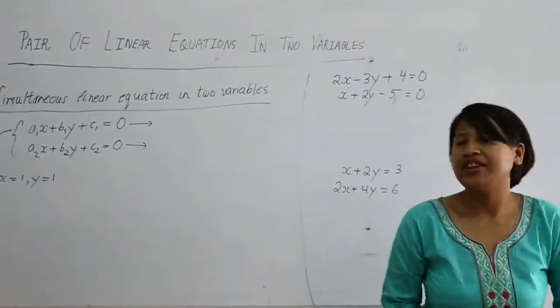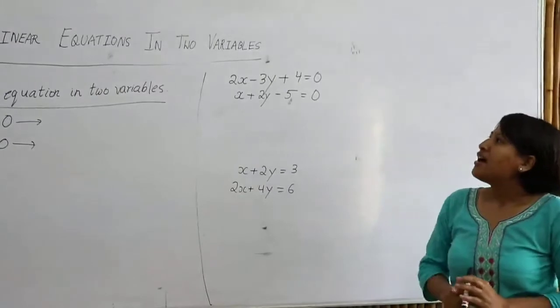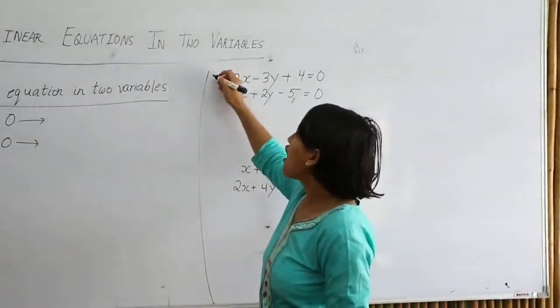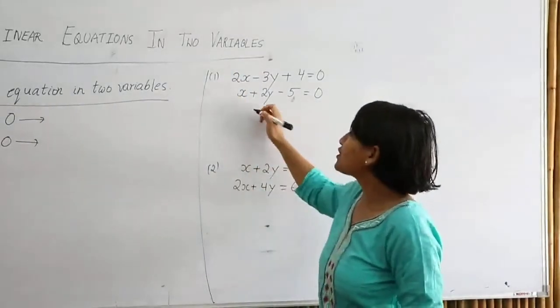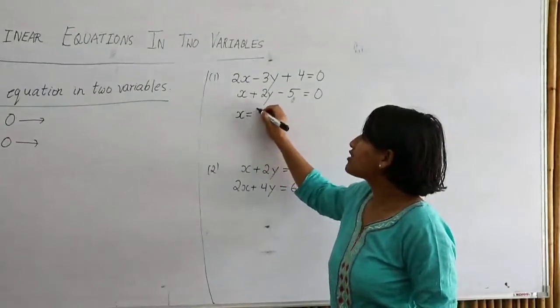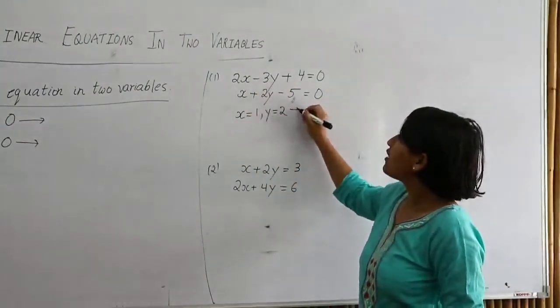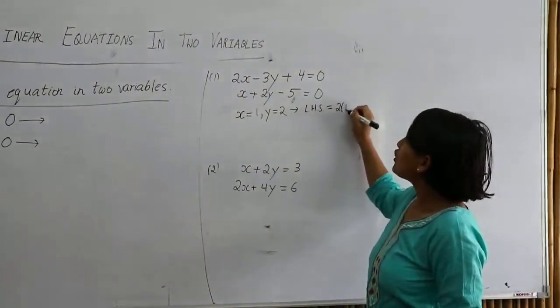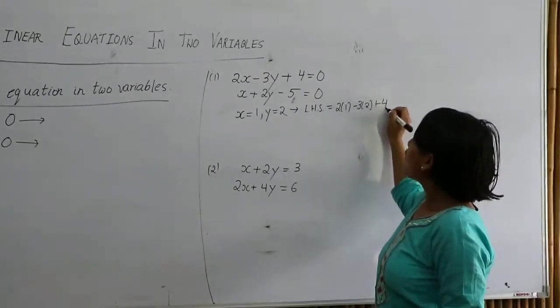So I've taken two linear equations, this one. Now by hit and trial method, after putting the values x equal to 1 and y equal to 2, let's see. In this, the left hand side, what do you get? 2 into 1 minus 3 into 2 plus 4.